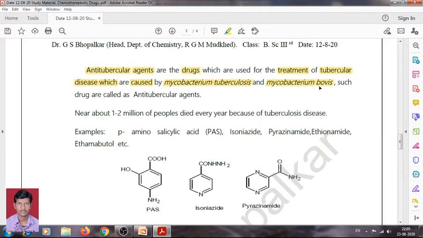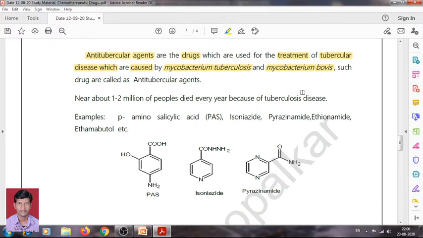Because of these two bacteria this disease grows, and if tuberculosis is observed in any patient, at that time he requires the anti-tubercular agent. When such drugs are used against Mycobacterium tuberculosis and Mycobacterium bovis, they are called anti-tubercular agents.